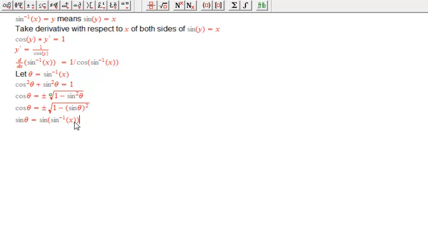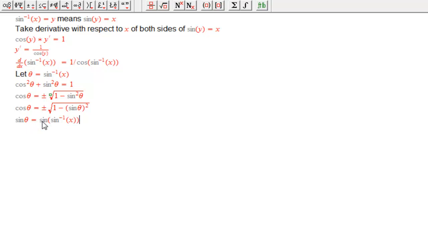Okay, so if x were square root of 2 over 2, then inverse sine would be the angle pi over 4. And then we take sine of that angle. Well, sine of pi over 4 is square root of 2 over 2. So we get back to where we started. See, it doesn't matter what x is. What theta is, is an angle that gives us a sine of x.